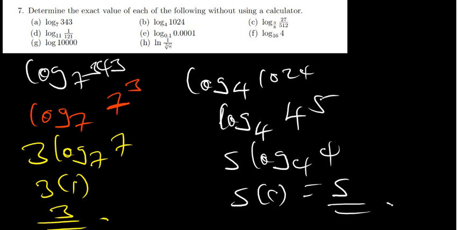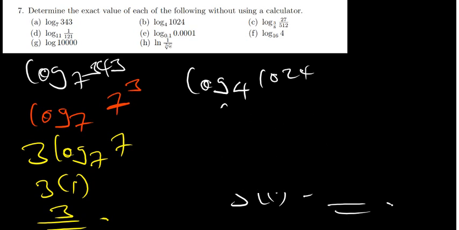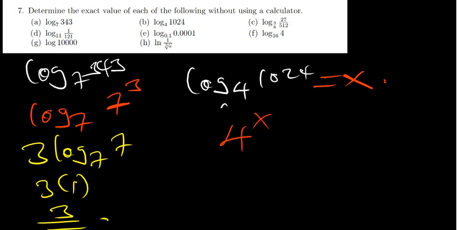Now there's another method which we can use apart from this one. If you want, you can equate this to x. Say this is equal to x. Now you can convert this into exponential form, where 4 raised to the power x is equal to 1024.